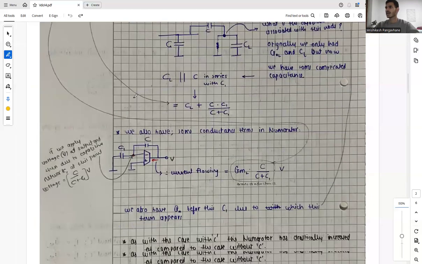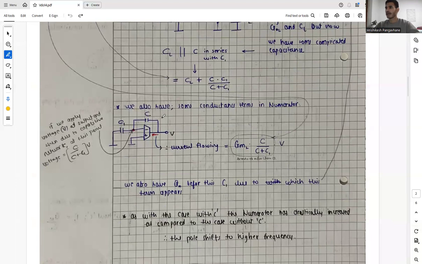So basically when we consider our second stage, if we apply voltage V at the output end, then due to the capacitive network, at this point the voltage will be due to the voltage divider of these two capacitors, and that voltage will be C divided by C plus C1 times V. So the current flowing is Gm times the voltage, which is C divided by C plus C1 times V, and this is the total transconductance which we are getting.